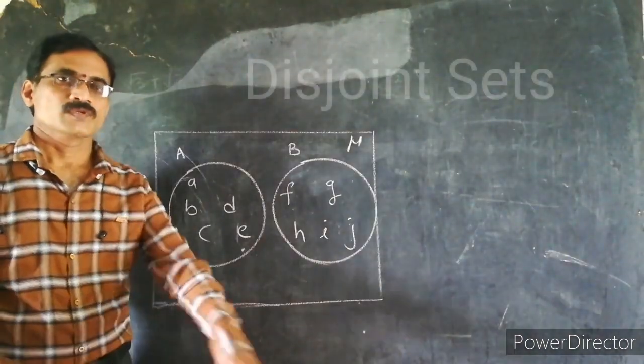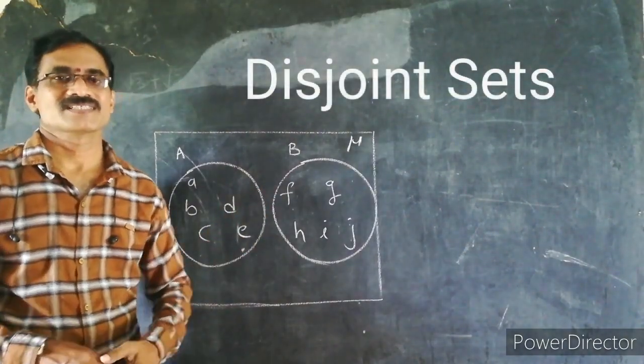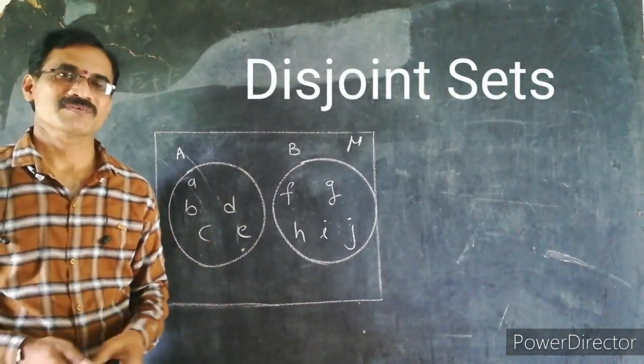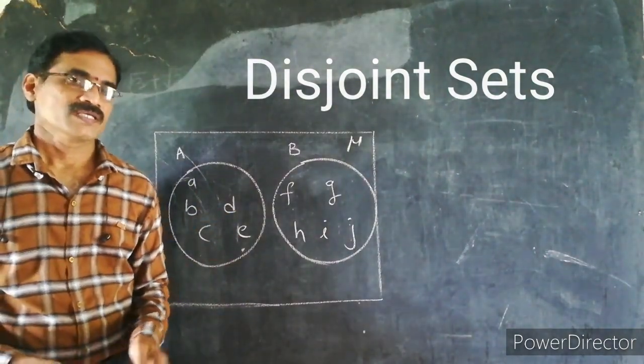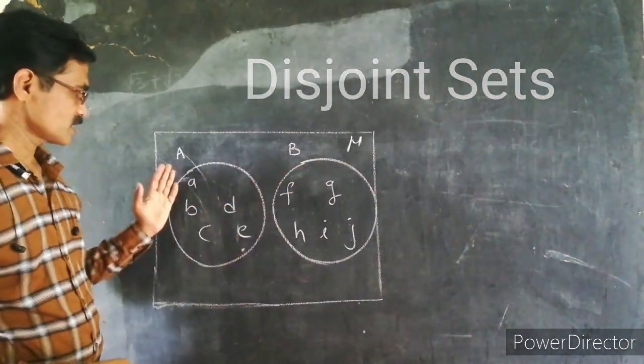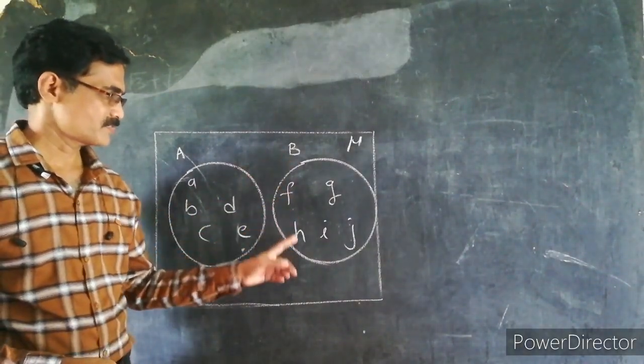Now, if the given sets are disjoint sets, what is the relationship between the number of A, the number of B and the number of A union B? Let us see. A is a set of elements a, b, c, d, e and B is a set of elements f, g, h, i, j.